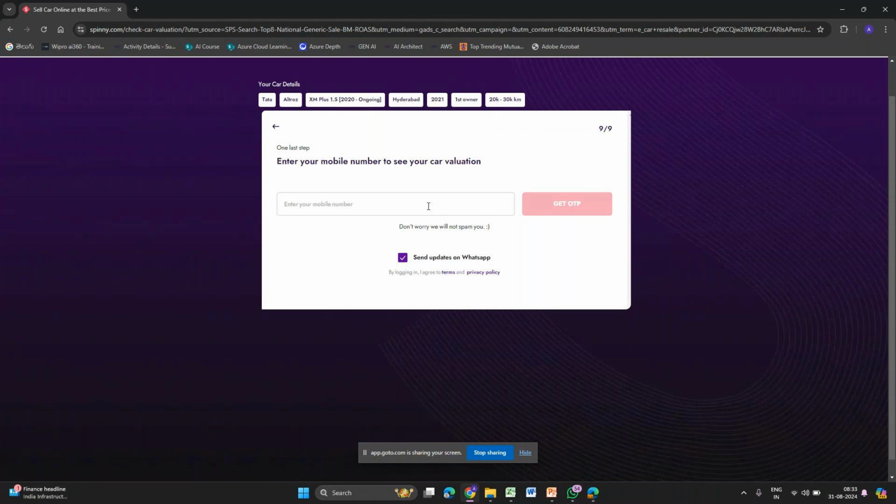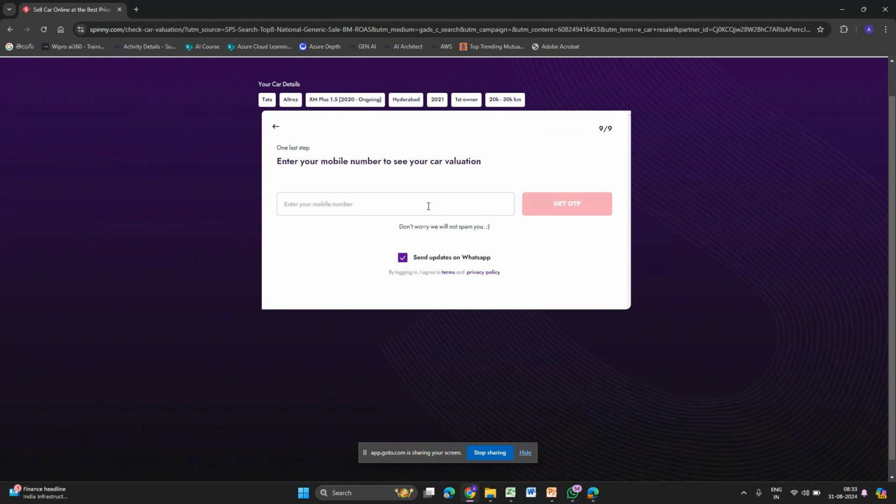Some range they will provide you. That range is an acceptable range, the lowest value and the highest value. So based on the range, the person who's sitting there can tell you, I don't require a valuation person there. The person sitting there, maybe a front office or some sales team member, can tell you this is the maximum number I can offer you.